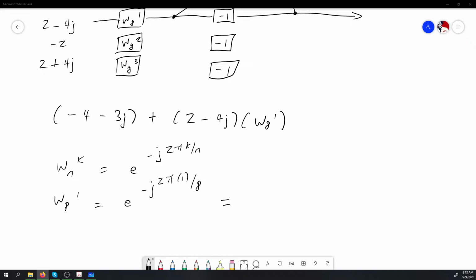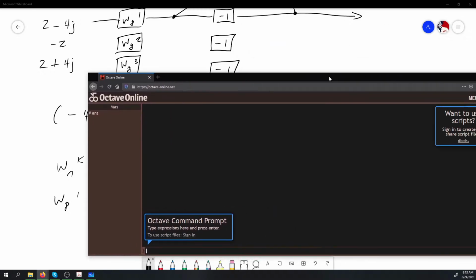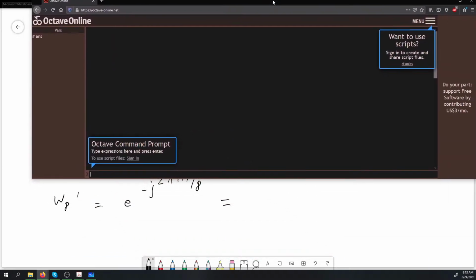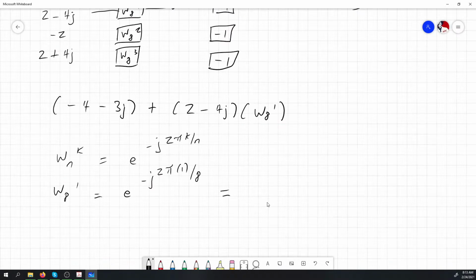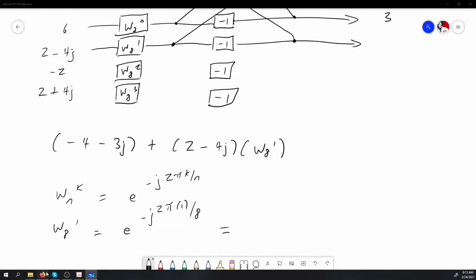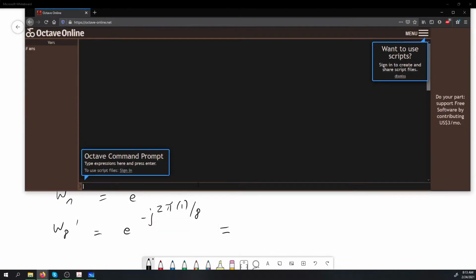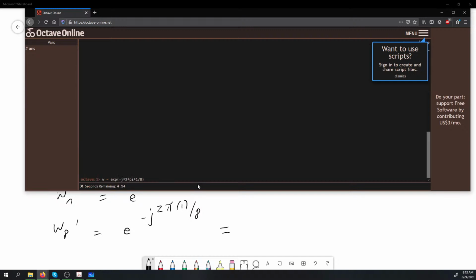So I'm just pulling up Octave here to show you guys how I'll go about doing the calculations. Bring Octave up here. Shift this down a little bit. So we can say W here is equal to the exponent of minus j by 2 pi by 1 divided by 8.